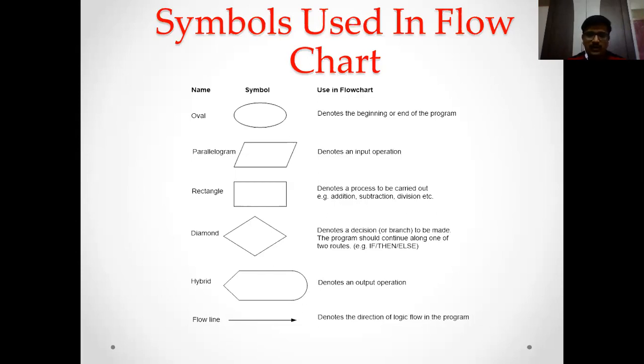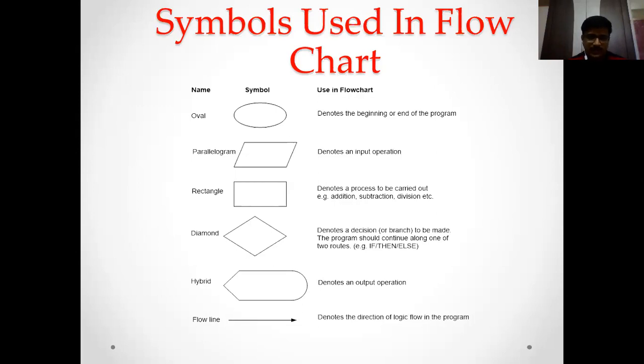One will be true and one will be false. Remember, the decision box must compulsorily have two outgoing links, one true and one false. Inside we have the question of whether it is true or false. According to the expression mentioned inside the decision box, we go either towards true or towards false.